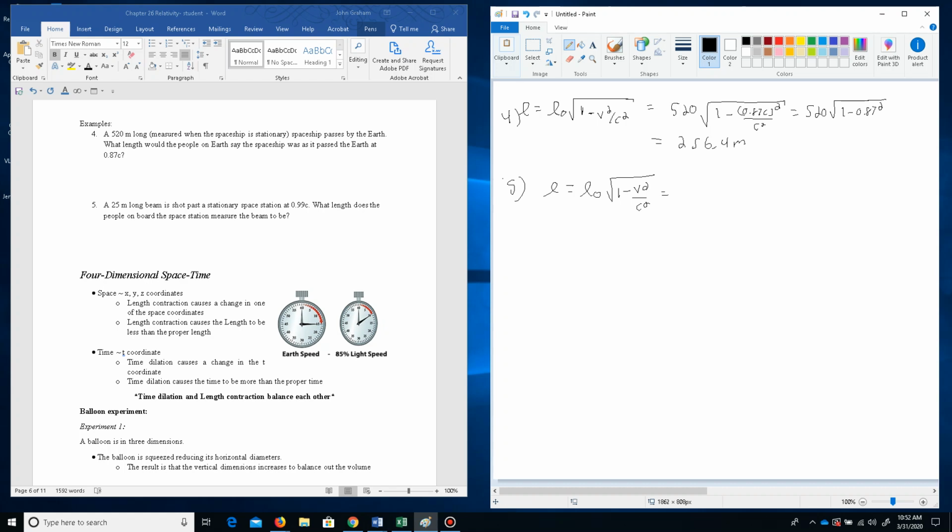L sub 0 here is going to be the 25-meter long beam, and that beam is moving at 0.99 c, so 1 minus 0.99 c squared, and then c squared on the bottom. And we get 3.5.